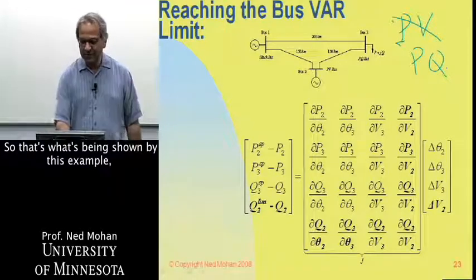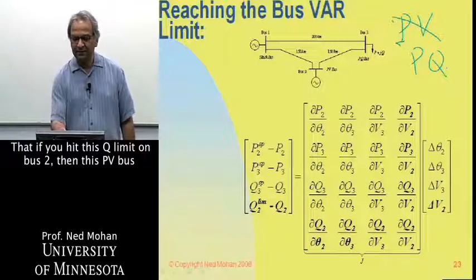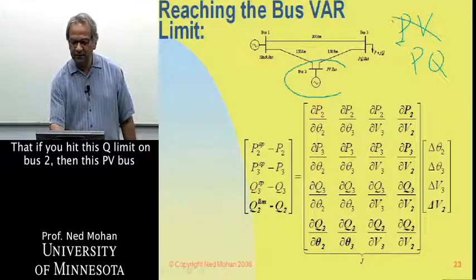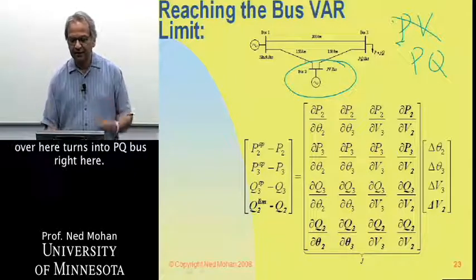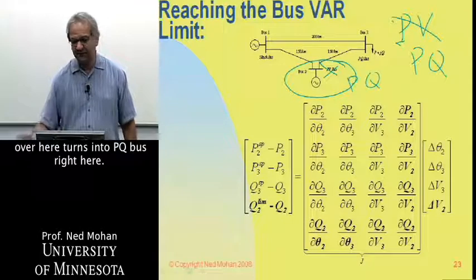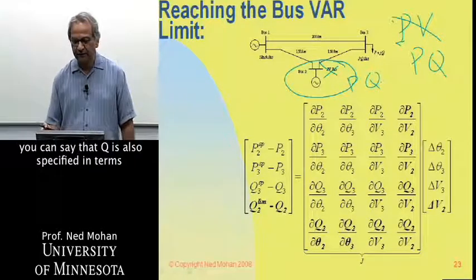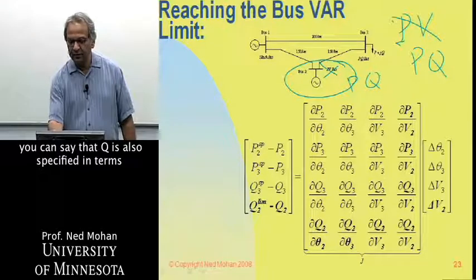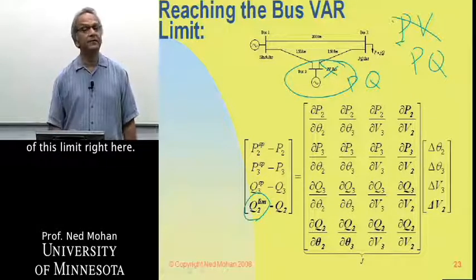Okay, so that's what's being shown by this 3-bus example over here, that if you hit this Q limit on bus 2, then this PV bus right here turns into a PQ bus right here. Okay, and when that happens, you can say that Q is also specified in terms of this limit right here.